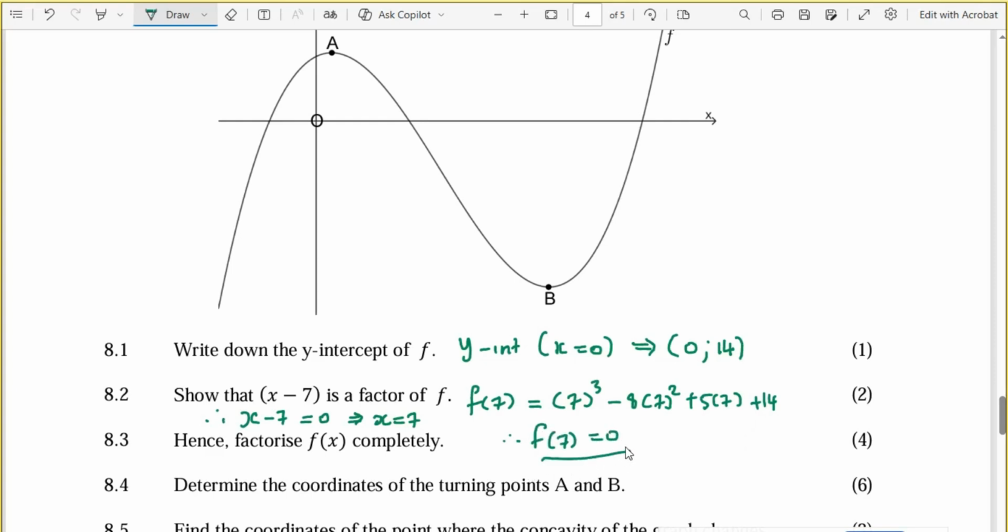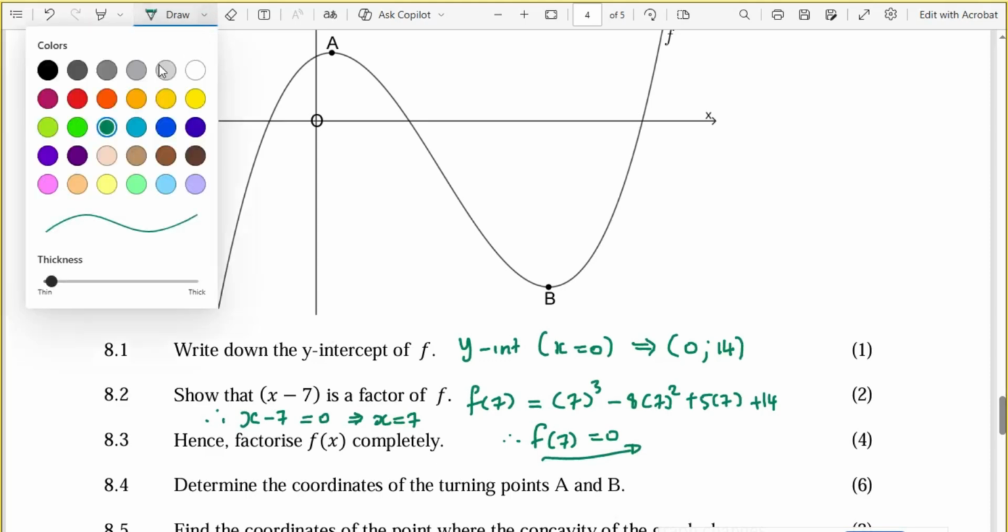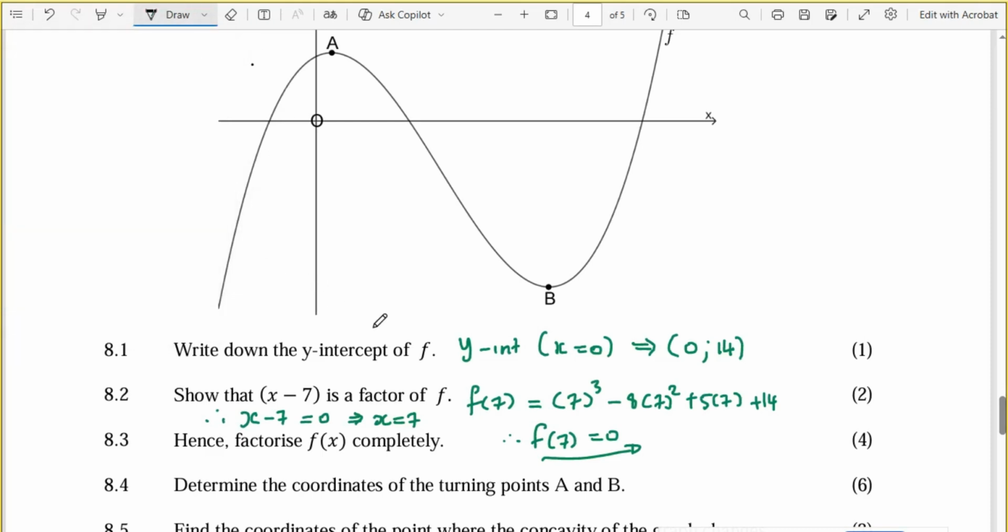So since it's 0, then we can say it's a factor. You understand? Did you verify that using your calculator? Yes, it is 0, so it is a factor. Okay, no problem. Let's go to the next question.